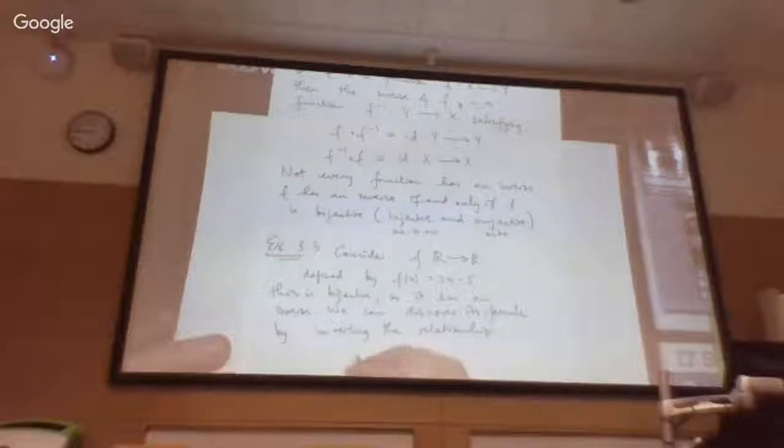And we can discover or obtain its formula by inverting the relationship, so y equals 2x minus 5.